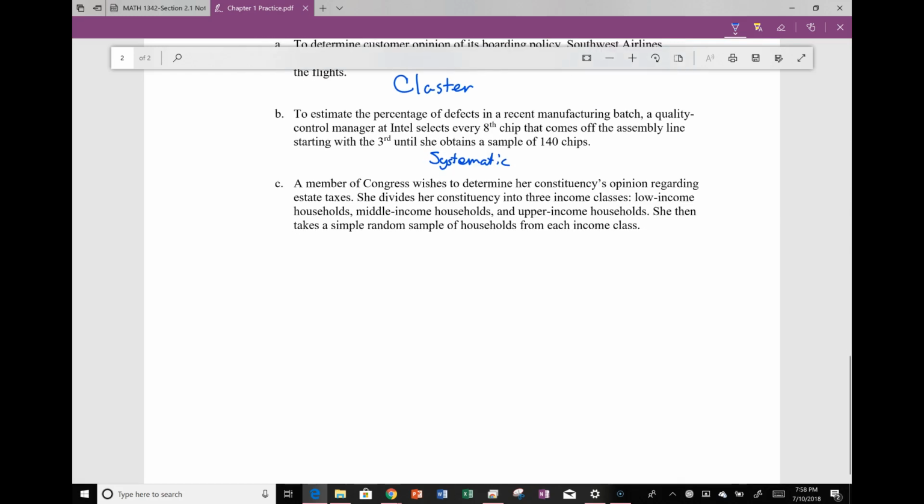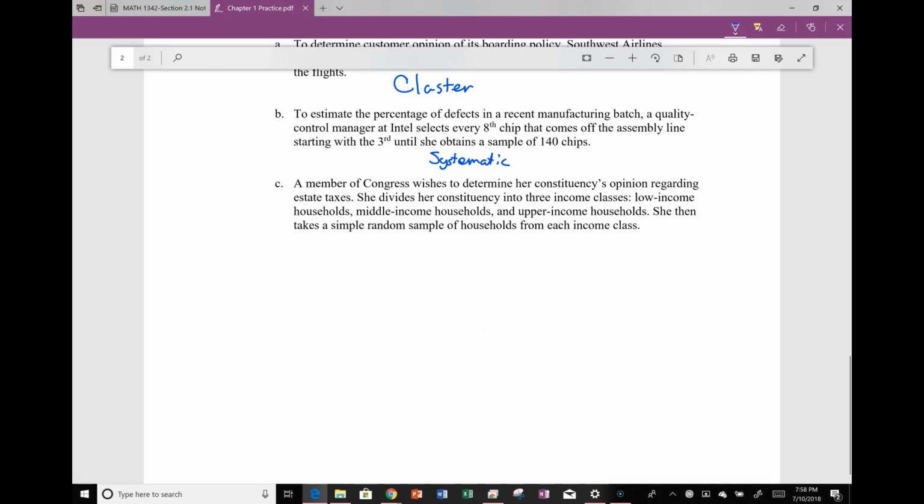A member of Congress wishes to determine her constituency's opinion regarding estate taxes. She divides her constituency into 3 income classes: low-income households, middle-income households, and upper-income households. She then takes a simple random sample of households from each income class.